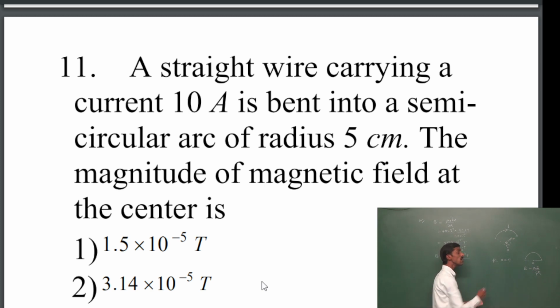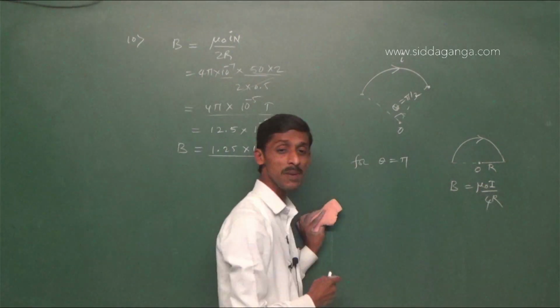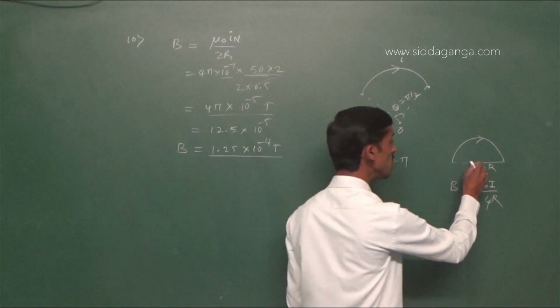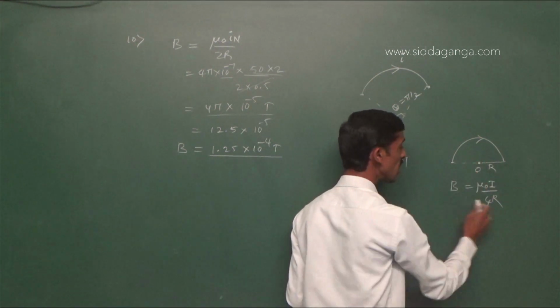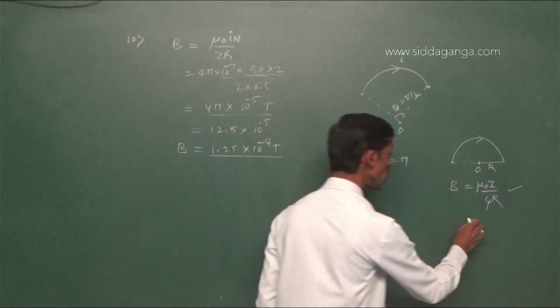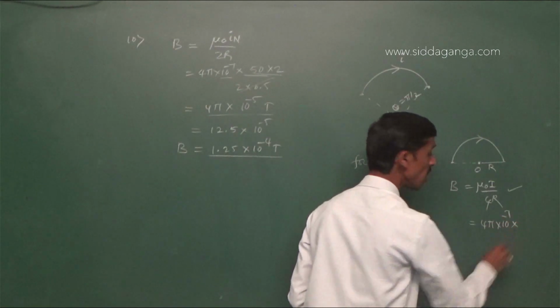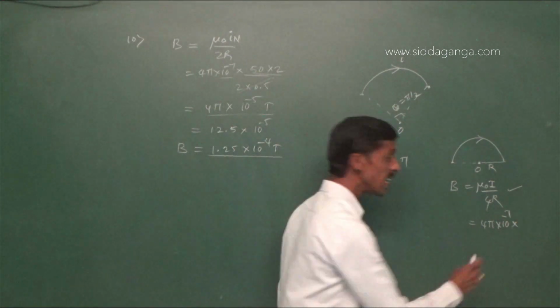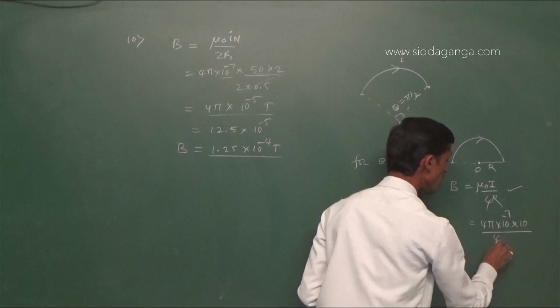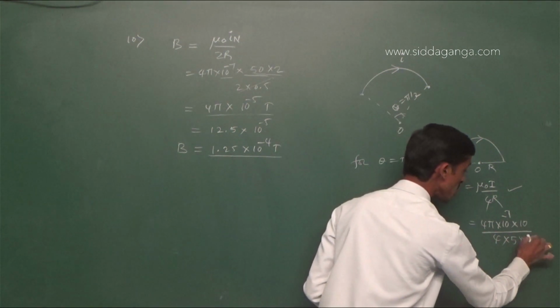So we know the formula for the magnetic field at the center of the semicircular arc. Due to a semicircular arc, at the center the magnetic field is mu naught I by 4r. In our present question, mu naught value is 4 pi into 10 to the power of minus 7. The current is 10 ampere and its radius is 5 centimeter, so 5 into 10 raised to minus 2.